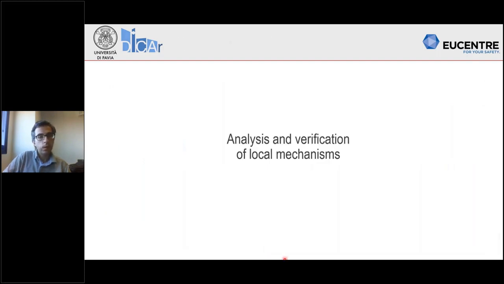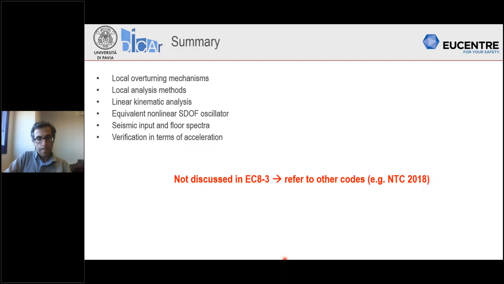Then we can move to the analysis and verification of local mechanisms. Regarding this topic, I will discuss firstly which are the possible local overturning mechanisms. I will then introduce the local analysis methods, and particularly I will refer to the nonlinear kinematic analysis, which will also require the definition of an equivalent nonlinear single degree of freedom oscillator.